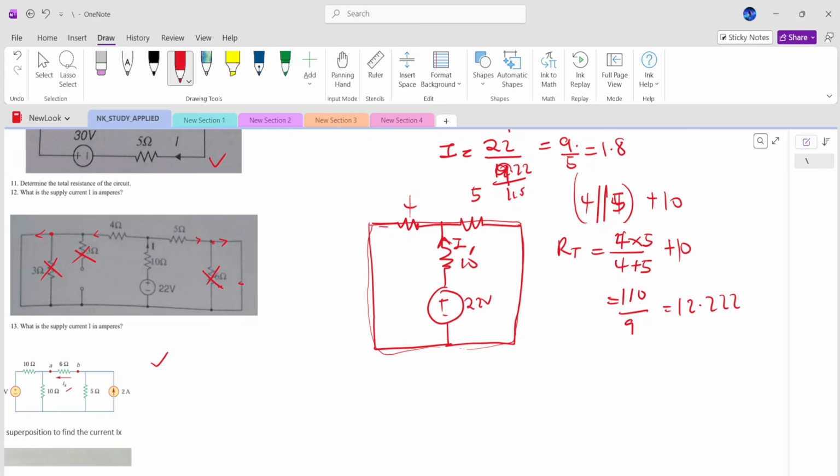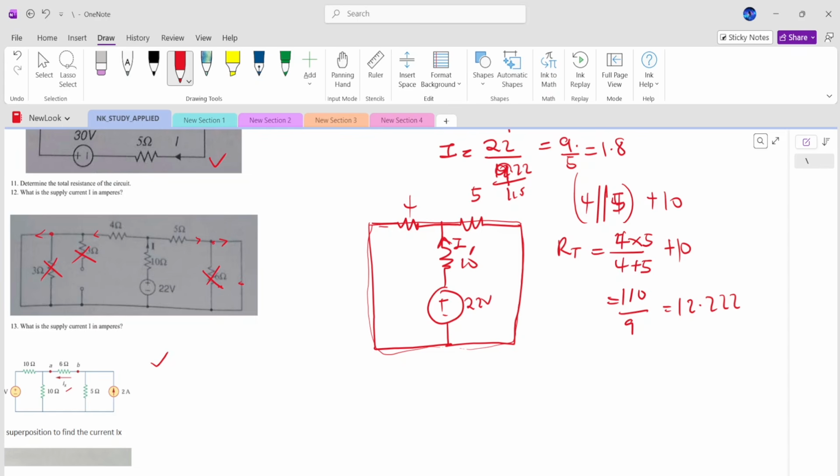Right? So if we are going to do superposition, what we are saying is let only one source act alone. One source act alone. Right? What do you do to the other sources? We say deactivate them. Right? If it's a voltage source, you short it. If it's a current source, you open it, right? So this question will give us an illustration of opening and shorting of sources. Okay.